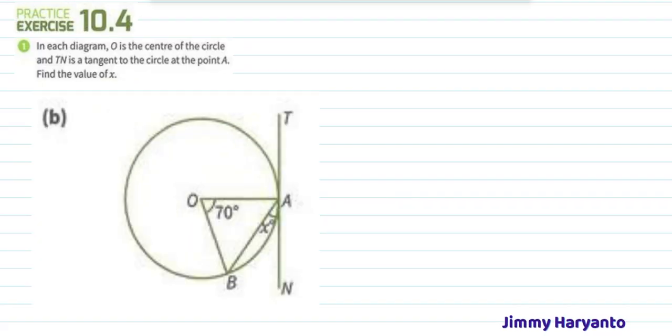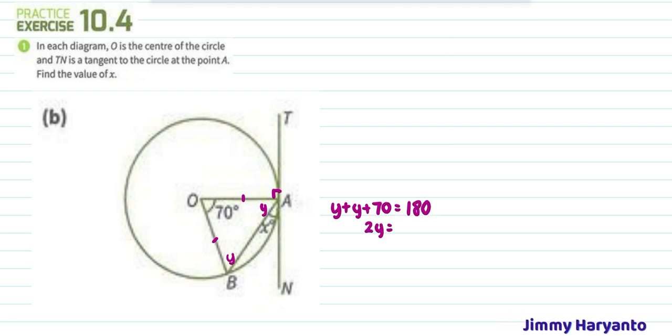Next is question 1b. We'll start from the tangent also and the radius. It will form 90 degrees right there. And this one is radius and radius. That means I can find the y first. So y plus y plus 70 equals 180. 2y equals 180 minus 70, it's 110, so y equals 55.